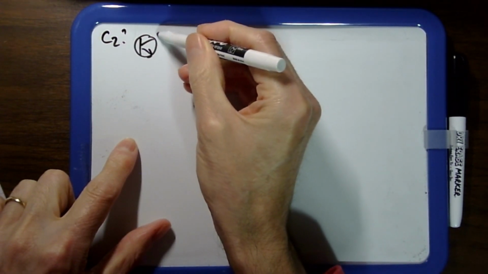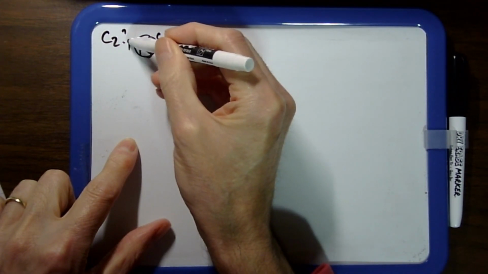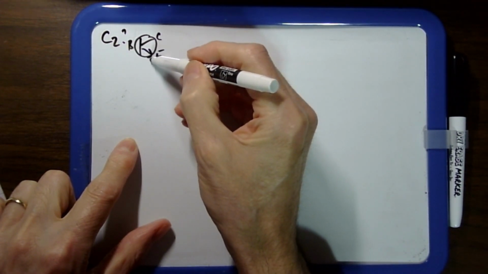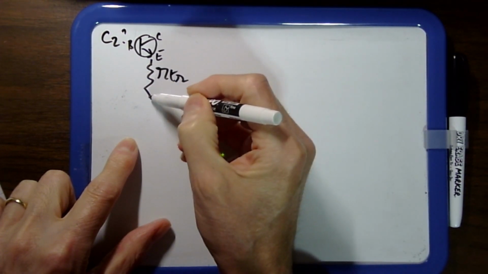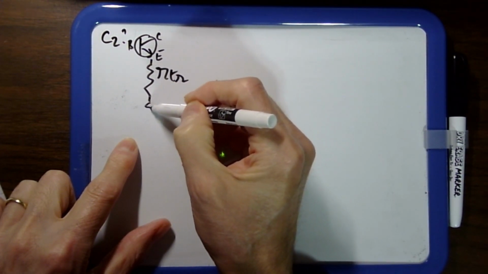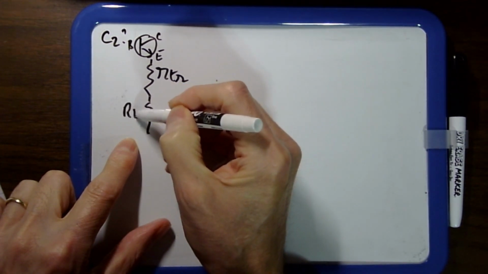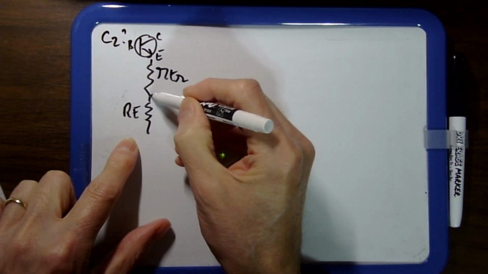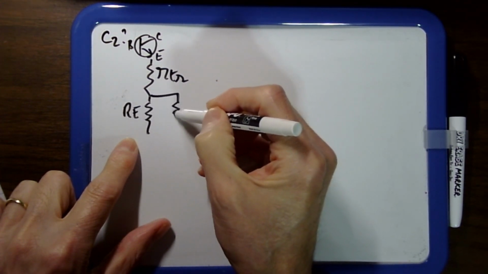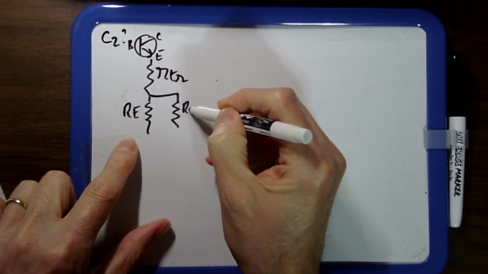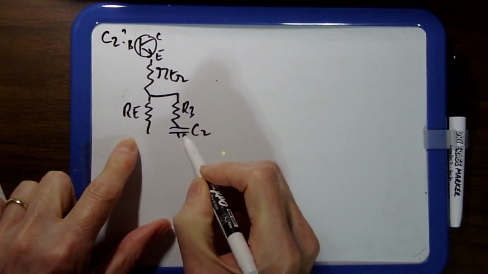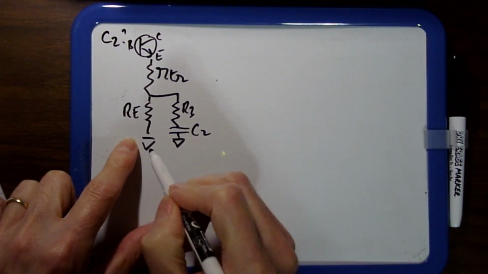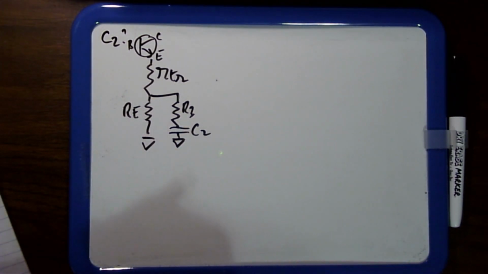So you have the collector, emitter, base, emitter, RTR, and here you have RE, and on this branch you have R3 and the C2, and that goes to ground.